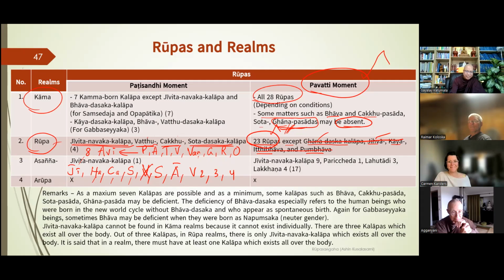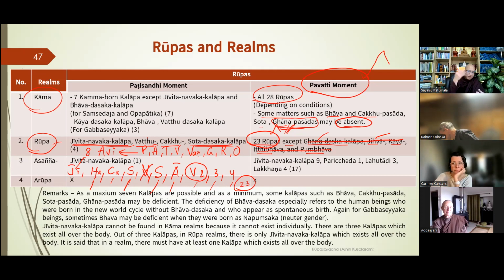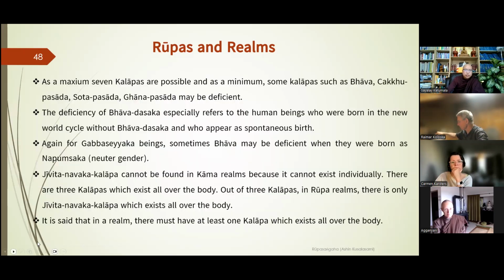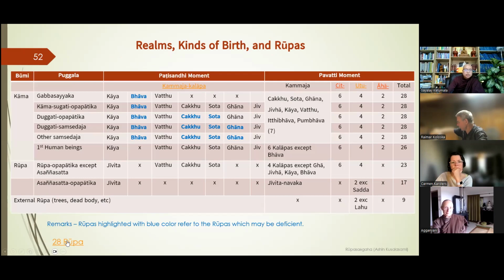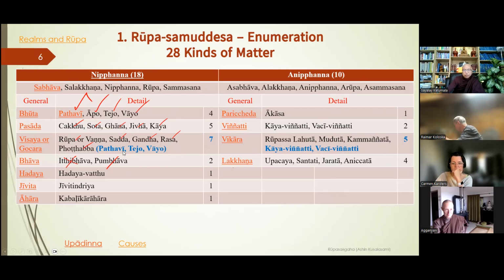So how many? Nine and nine rupas, 9, 10, 11, 12, 13, 14, and 2, 16. My mathematics. 16 and 3, 19. 19 and 4, 23. So in this way you have to think about it. If you don't remember, you should go to the 28 rupas.